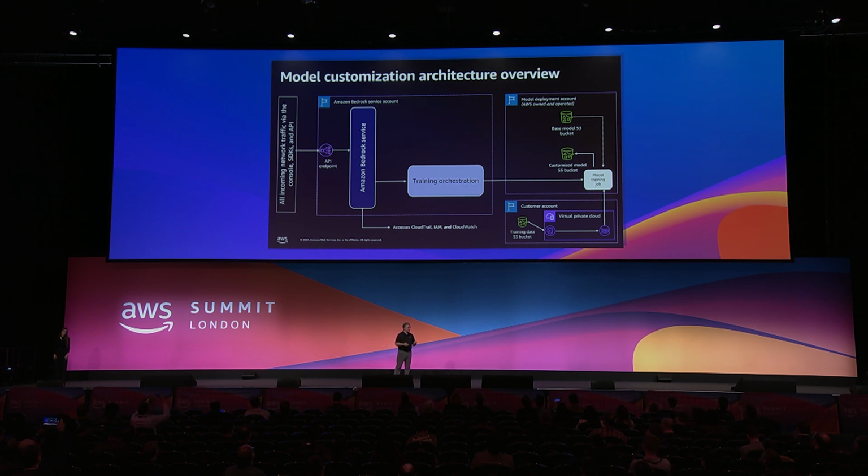This will be spun up, and it will then read your data in from your S3 bucket, which may or may not be encrypted. It's down to you. Hopefully, it's encrypted, and stream it back into the training job via your VPC. We will then train the model, create a customized version of that, encrypt it with your KMS keys if you give them to us, and we'll store it in the custom model bucket. You can then deploy it later when you really want to deploy it into production or into a test environment.